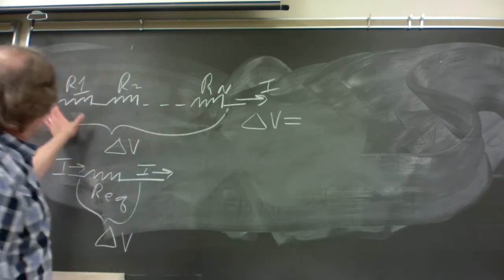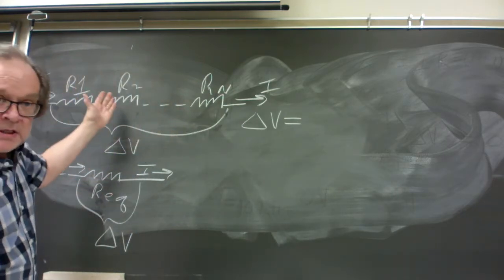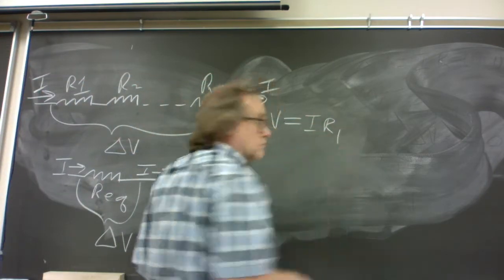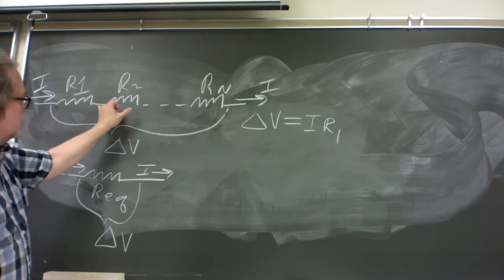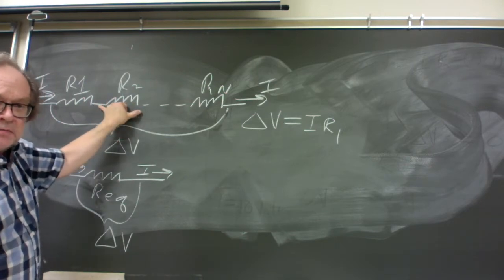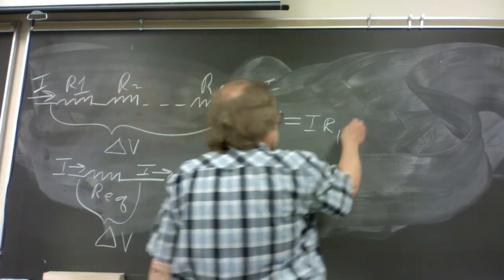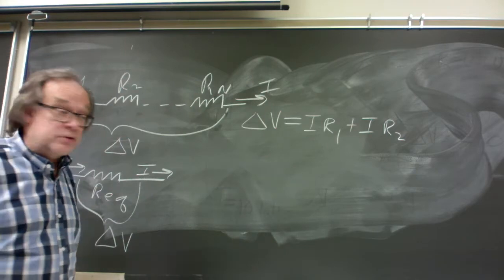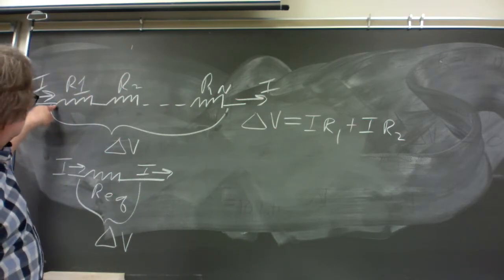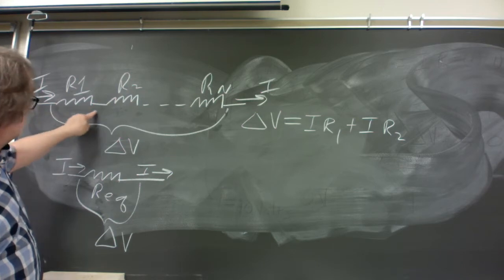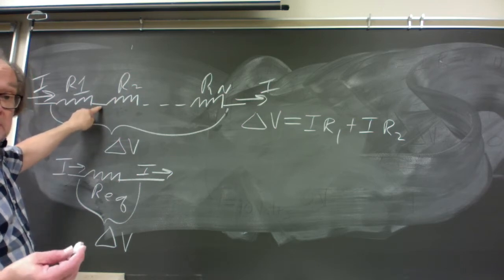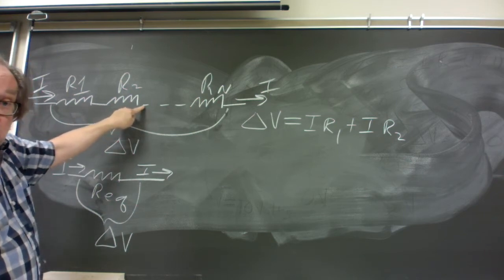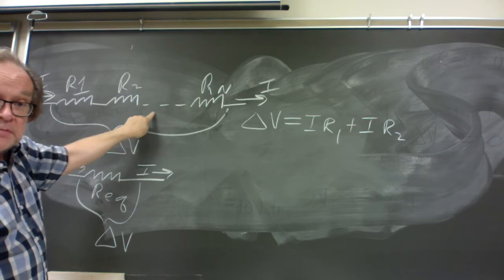So the potential difference between here and here is just the same as we saw in the last example, current times R, R1 in this case, and then the potential difference between here and here is I times R2. Current times resistance is potential difference. The potential drops a certain amount going from here to here, say 5 volts, and then drops some more going from here to here, let's say 4 volts.